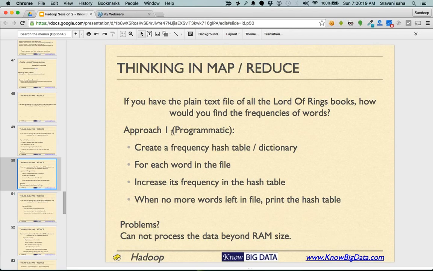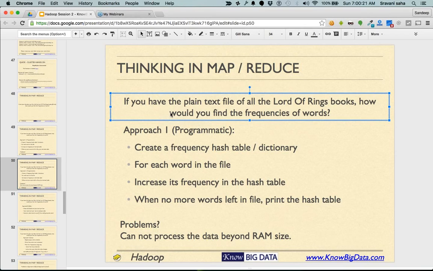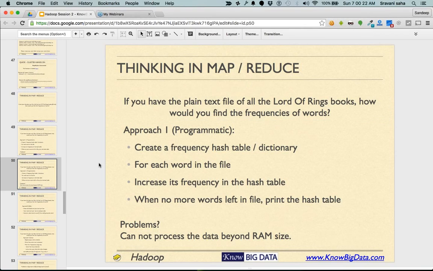So yesterday we were talking about how to compute the frequencies of unique words. Basically, doing the word count on a huge text.